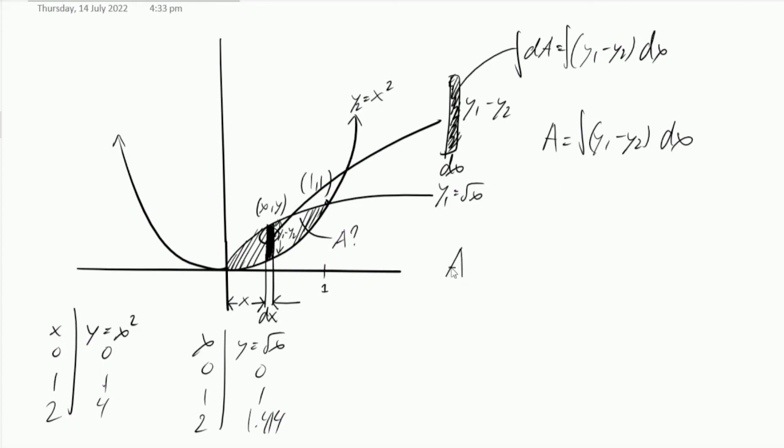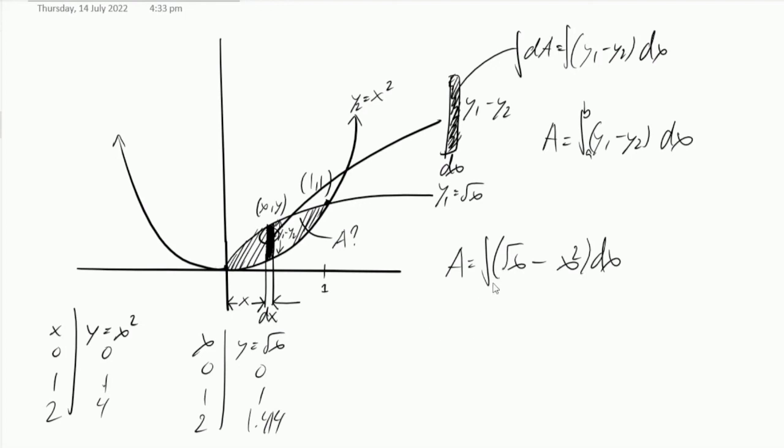We will have square root of x minus x squared dx. Now let's find, I forgot the b and the a for the definite integral. So the b is the one where they intersect right here, and the a is where they first intersect, which is the origin.